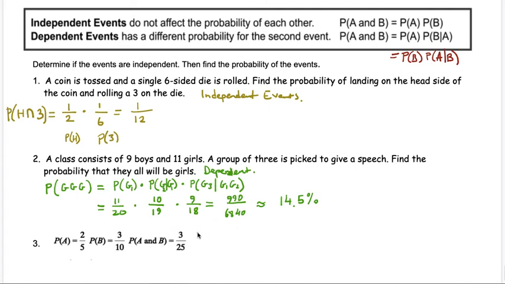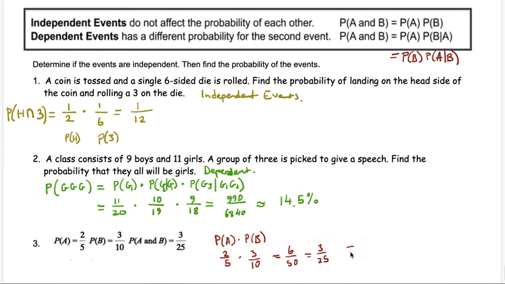All right. So for these ones here, we need to actually do the math to see if they're independent. So we're just going to take our A and our B, the probability of A times the probability of B, to determine. So 2/5 times 3/10 is equal to 6/50, which is equal to 3/25.